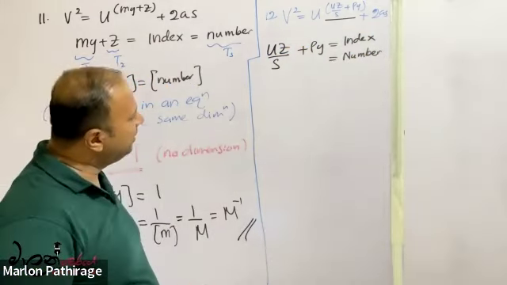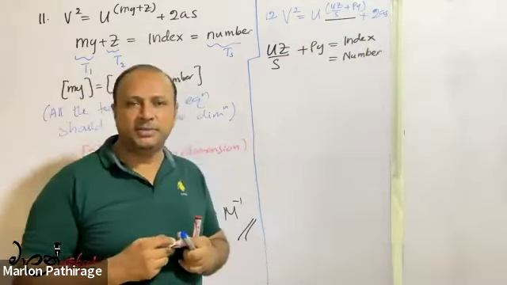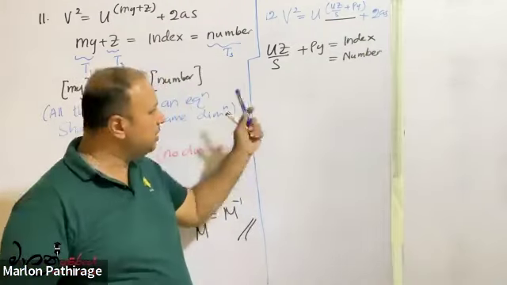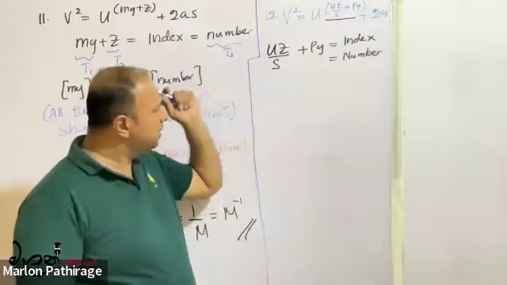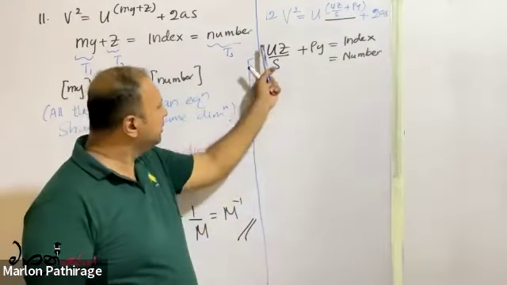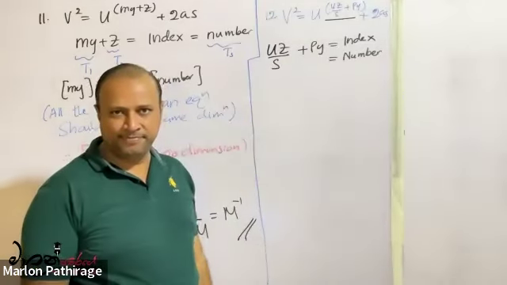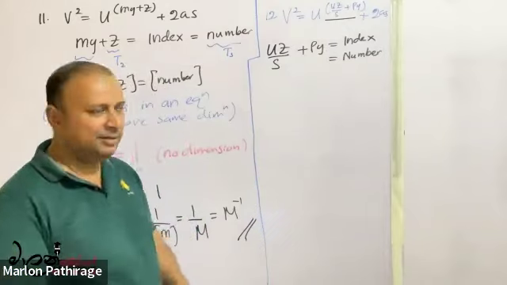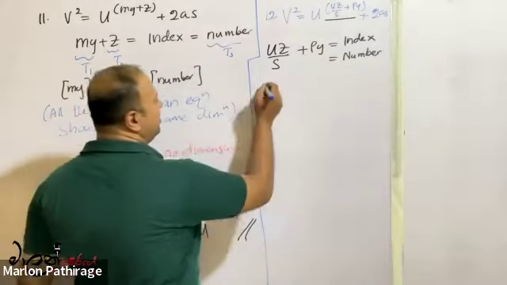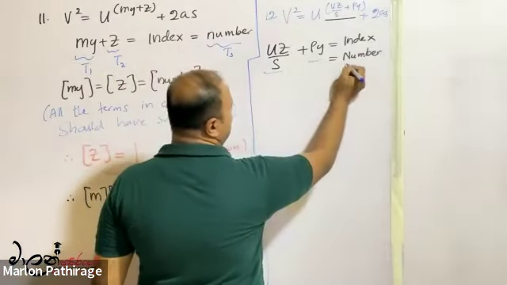Now you know all the terms in this equation should have the same dimension. Accordingly, this part should be a number, this part should be a number. So this is the first term, this is the second term, this is the third term.